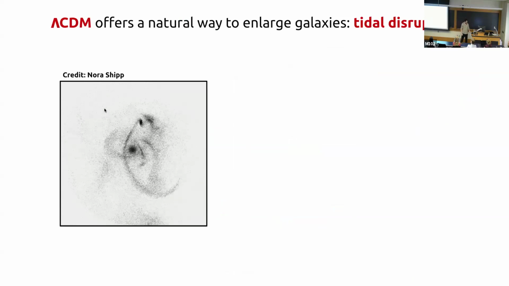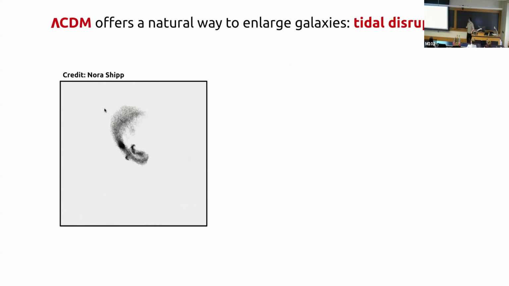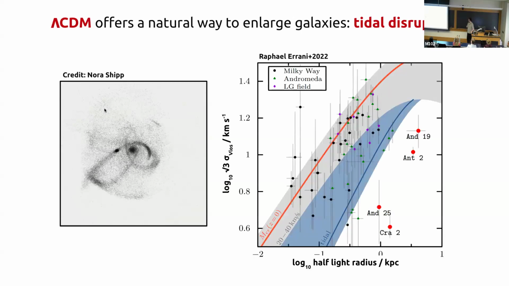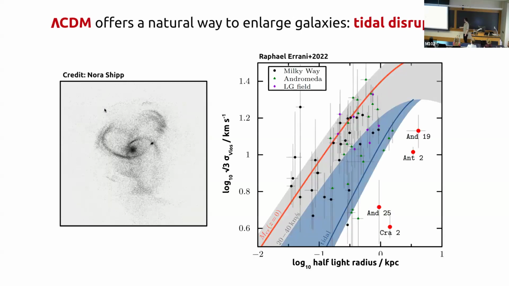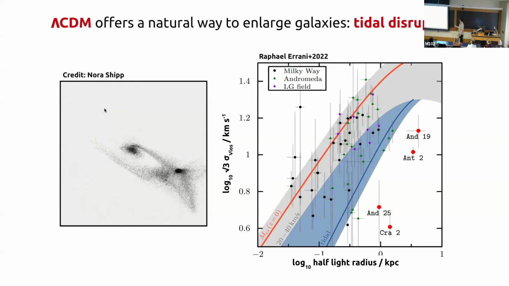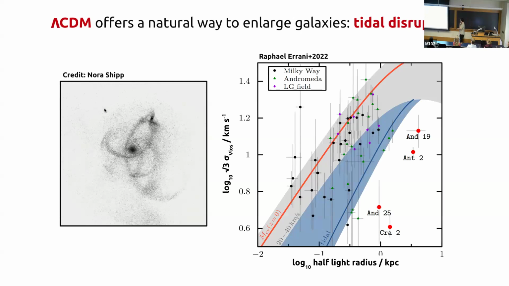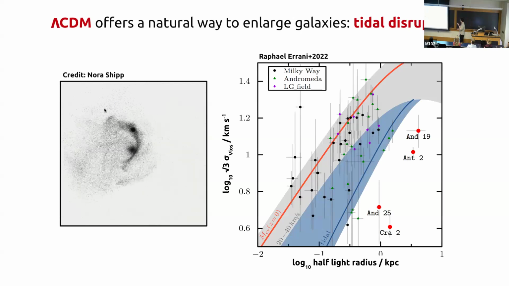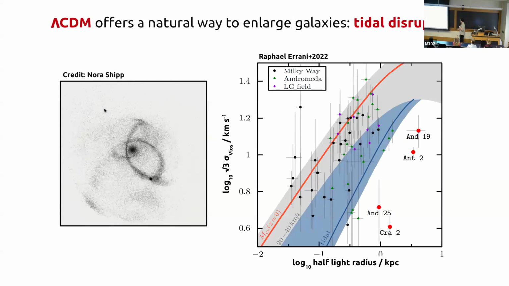However, it just so happens that if you perform pure N-body simulations and try to simulate the sizes of these galaxies and their velocity dispersions, or their kinematic properties, or their structure in general, with tidal disruption alone, it doesn't work. This figure right here is from a paper from 2022. What it shows, on the vertical axis, is essentially the velocity dispersion, and on the horizontal axis the sizes of these galaxies, so the half-light radius again.